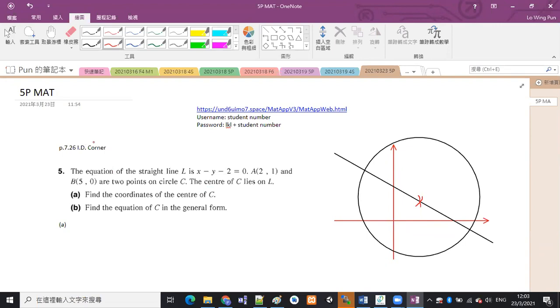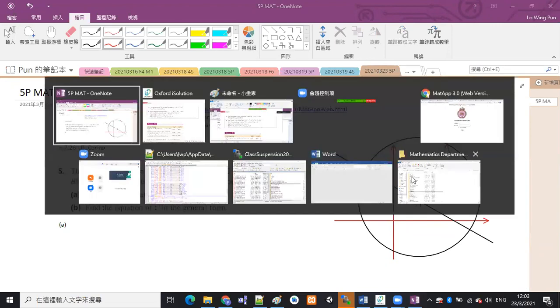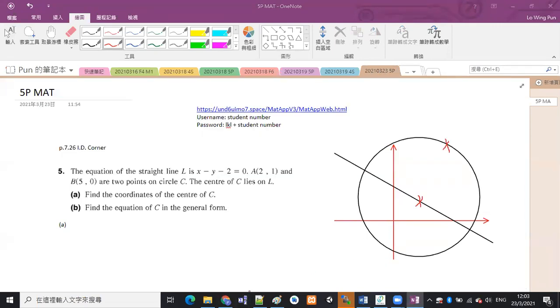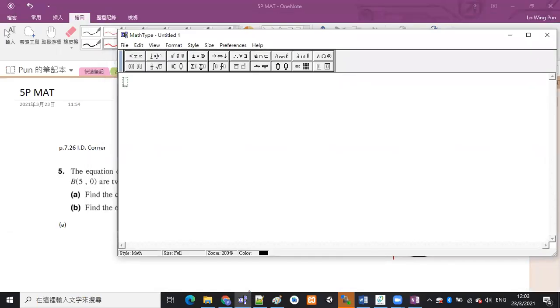A 同埋 B 就係圓形上面嘅兩點嚟嘅。Point A is 2, 1。呢個係 point A。So let me type the point. A coordinates is 2, 1.